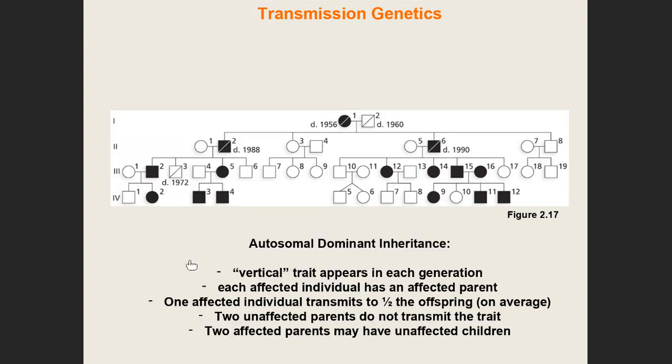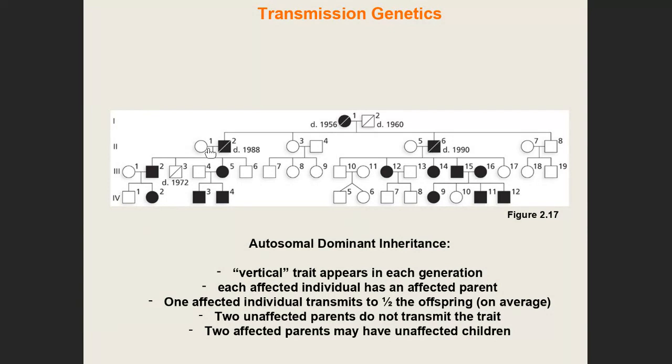Now, look at this pedigree, and what you see here are a number of characteristics that I listed here and that are also listed in the table in the next slide. You see essentially that you have an affected individual. I say affected, again, take it as a neutral assessment here.